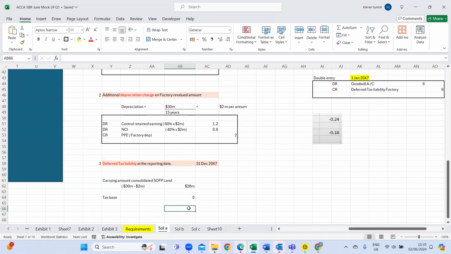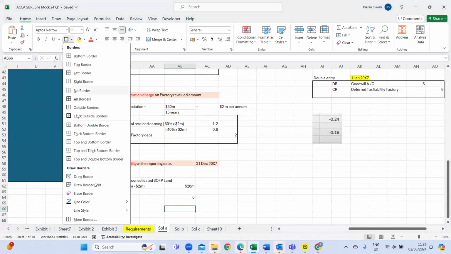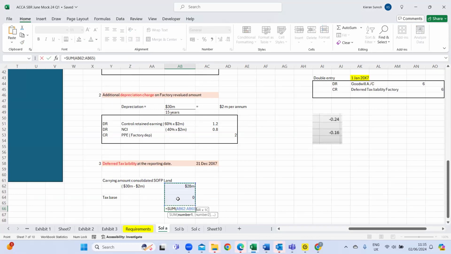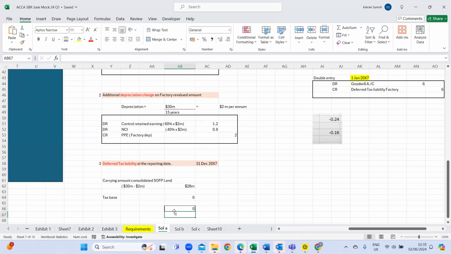As a result, the taxable temporary difference is 28 minus 0.